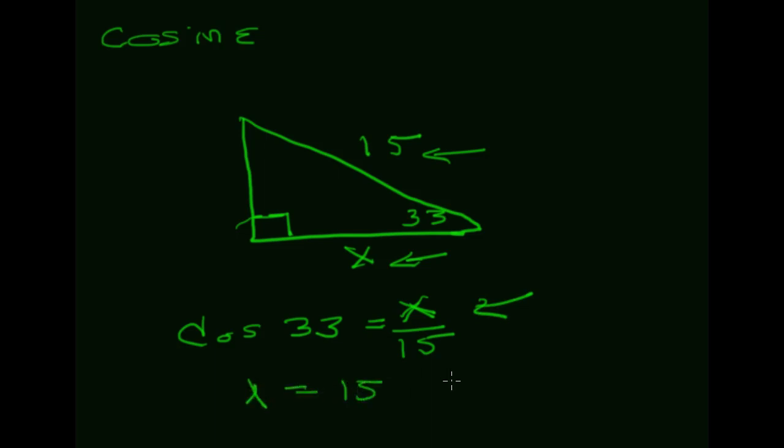X is equal to 15 times the cosine of 33, which, according to my calculator, is approximately 12.5801. Okay, so if that's 15, and that's a 33-degree angle, and that's a right triangle, the adjacent side is going to be approximately 12.5801. All right, so one last example, and then we're done.